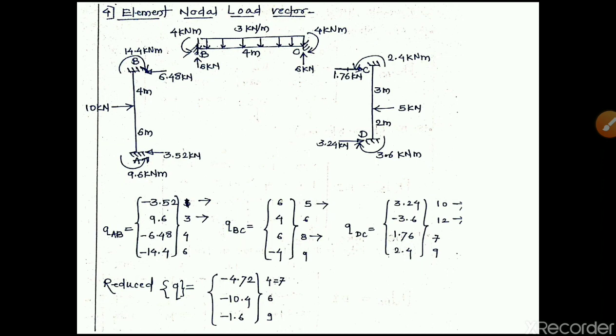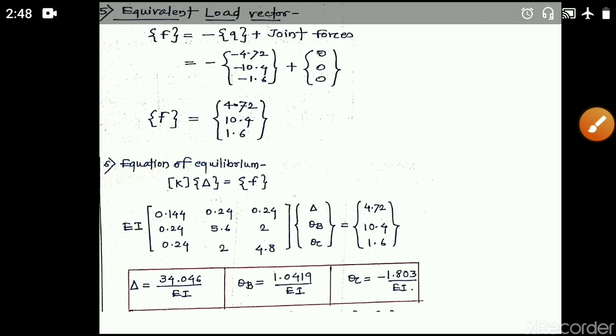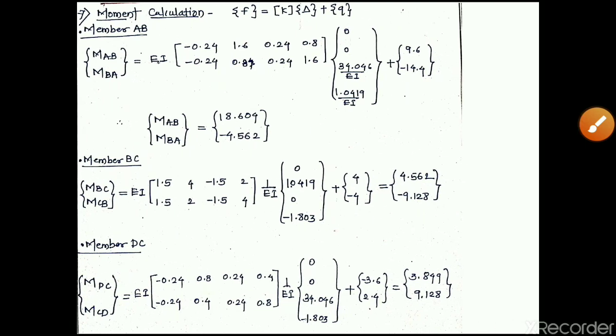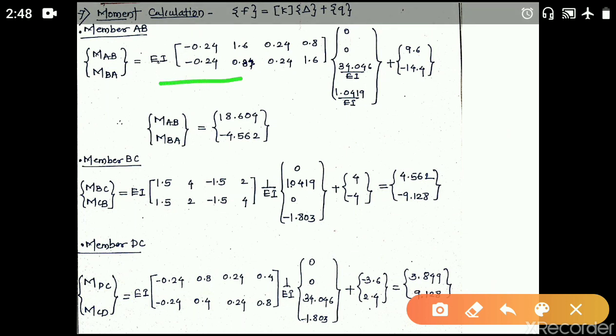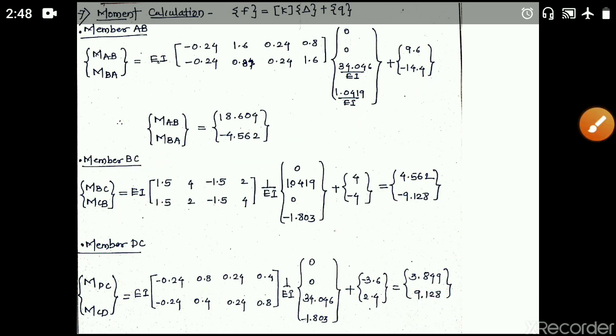So imposing the boundary conditions, this 4 and 6 is taken here: 9.6 and minus 14.4. Doing this calculation, first this matrix is multiplied by this matrix, and then the result is added to this matrix. So you will get MAB and MBA. Similarly, do the calculation for members BC and DC. So here we have completed this problem.